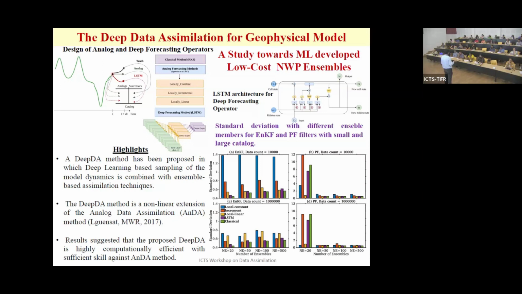Then, in place of using our model simulated forecast, we are using the machine learning based forecast, and then we are trying to use these different filters. Initially we tried this for a Lorentz model, and after getting some results, we think we will do this for the full model set.